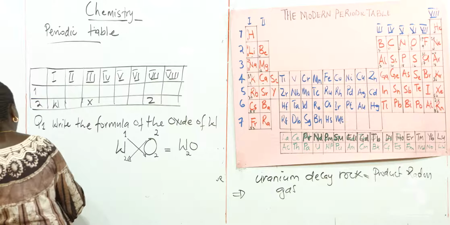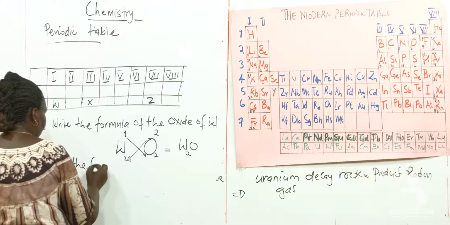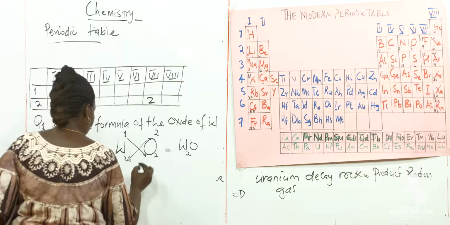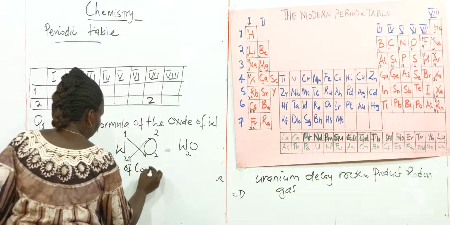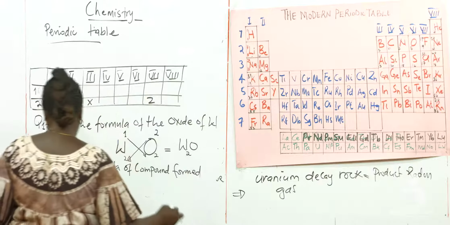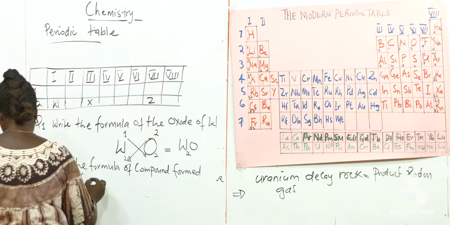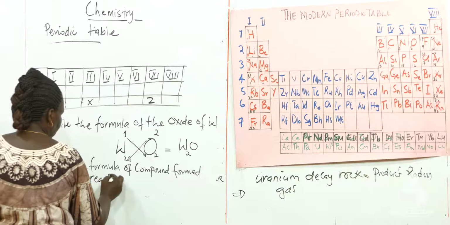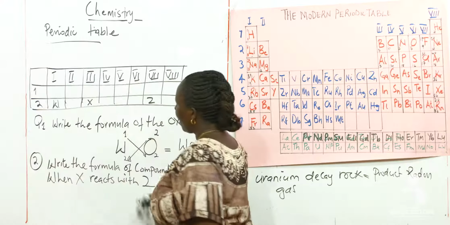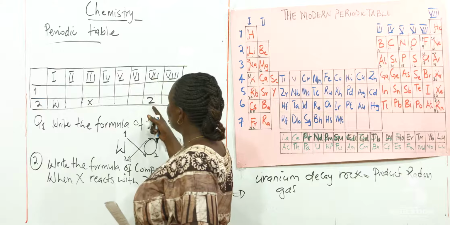Question 2 is: write the formula of the compound formed when X reacts with Z. So we have X in group 3 and Z in group 7.